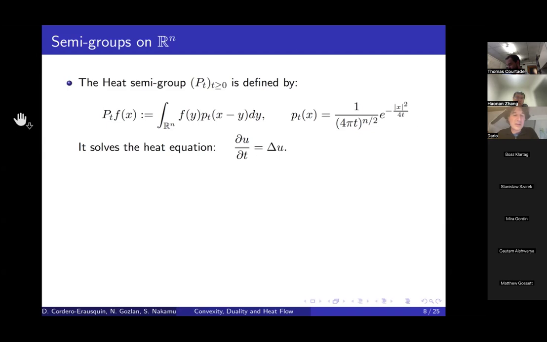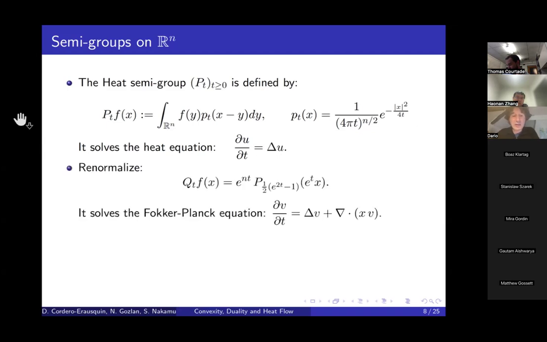And so this leads to the Fokker-Planck semigroup. Fokker-Planck here, for me, is just a renormalization of the heat semigroup.